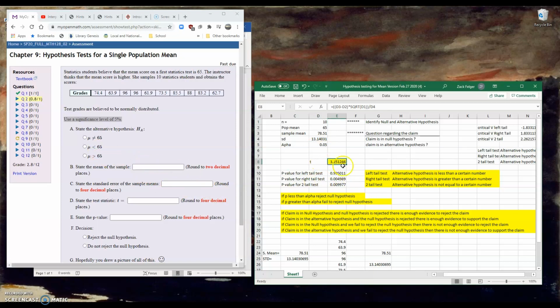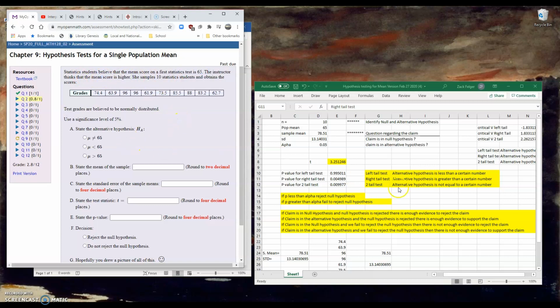We are given our test statistic right here. So they were thinking the mean score is higher. In that case, it's a right-tailed test because, again, in a right-tailed test, the alternative hypothesis is greater than a certain number. So, while our null says the mean is 65, our alternative is thinking that the mean score is higher.